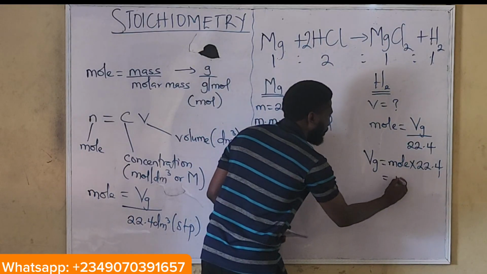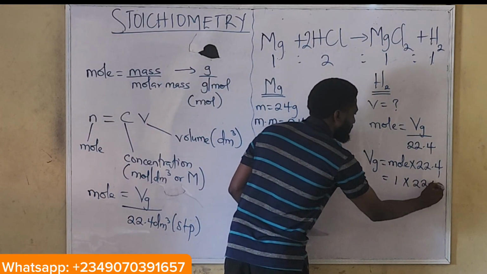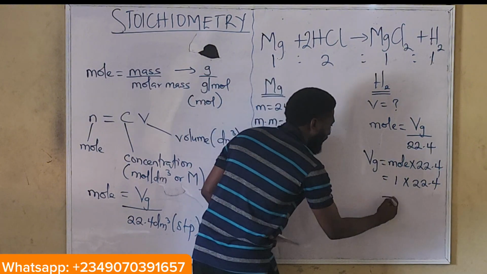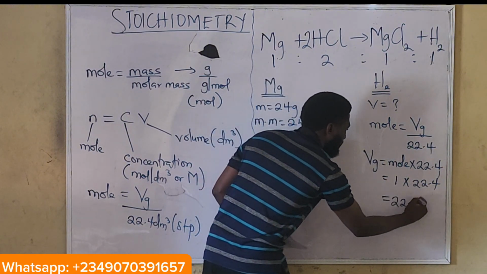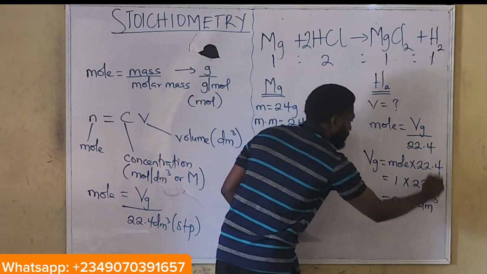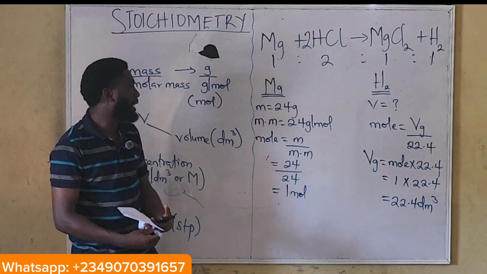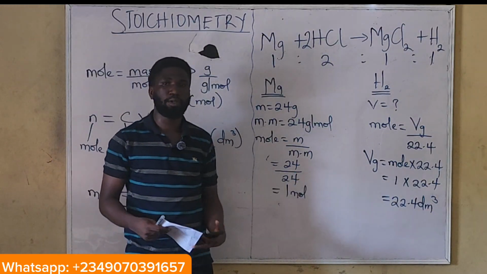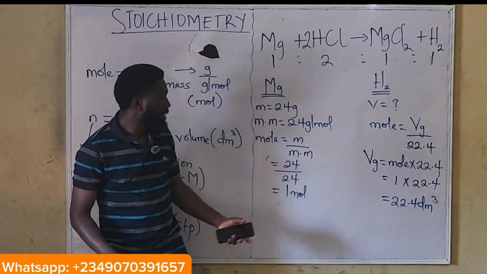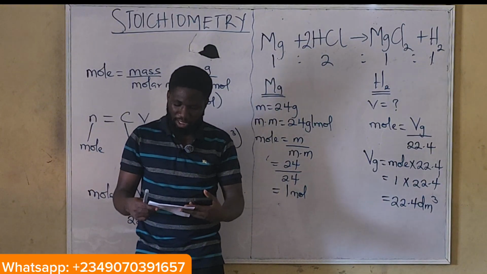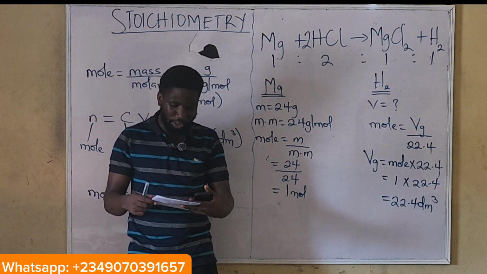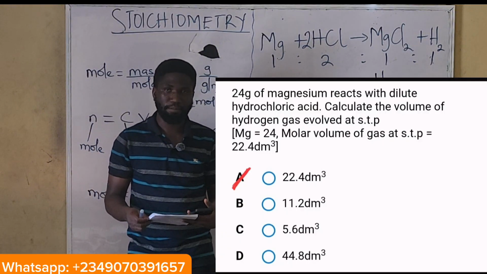So we have 1 multiplied by 22.4, which gives 22.4 dm³. So the volume of the gas given off or evolved is 22.4 dm³. So the correct answer there is option A.